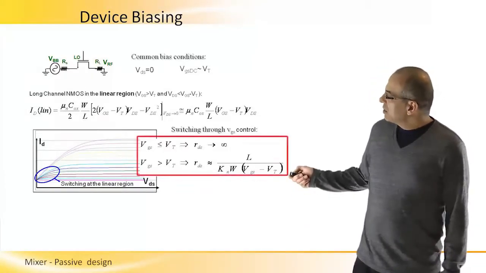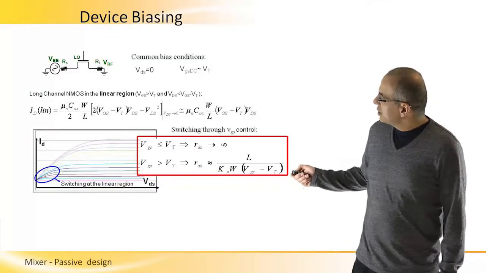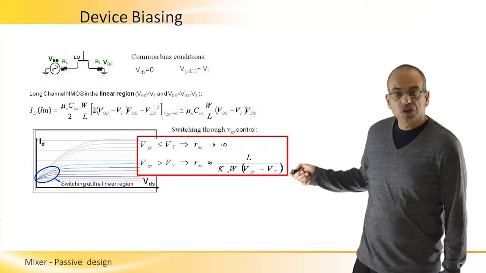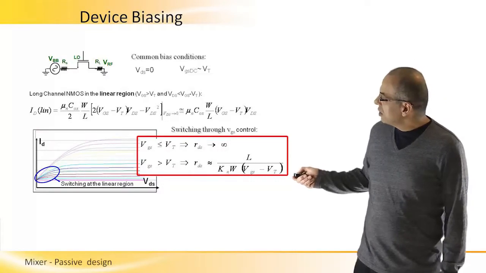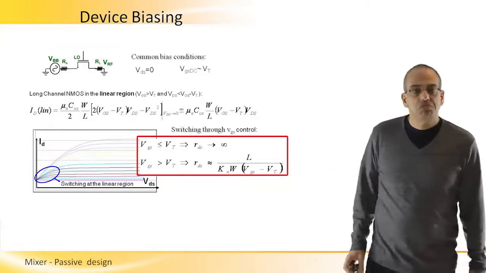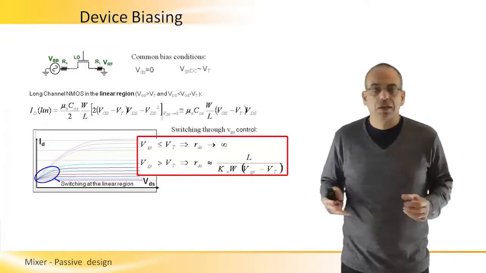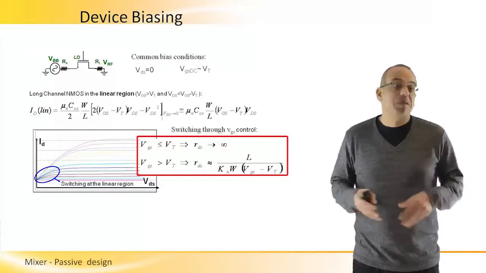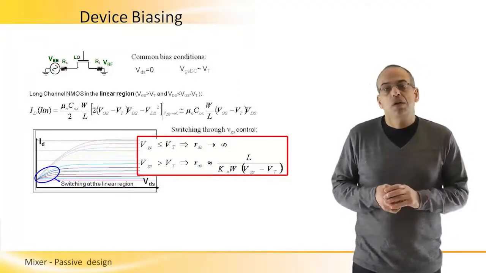Basically we are switching the gate voltage, and we are moving from a very high drain-source resistance to fairly low, maybe not ohms but tens of ohms, maybe 20 or 30 ohms.